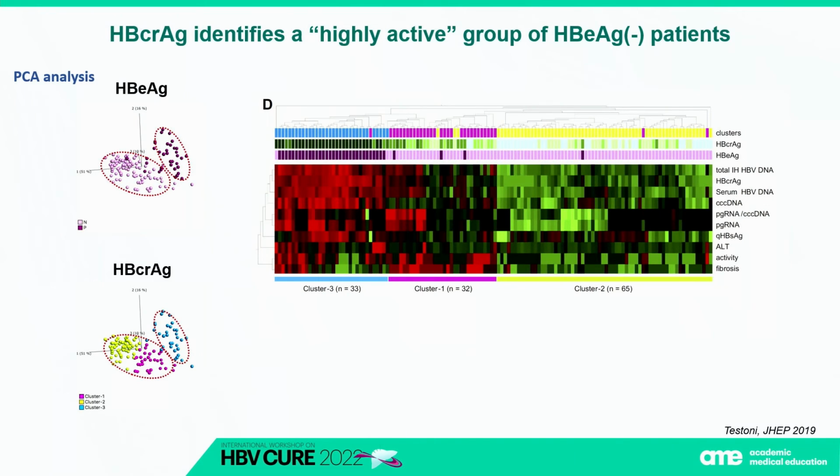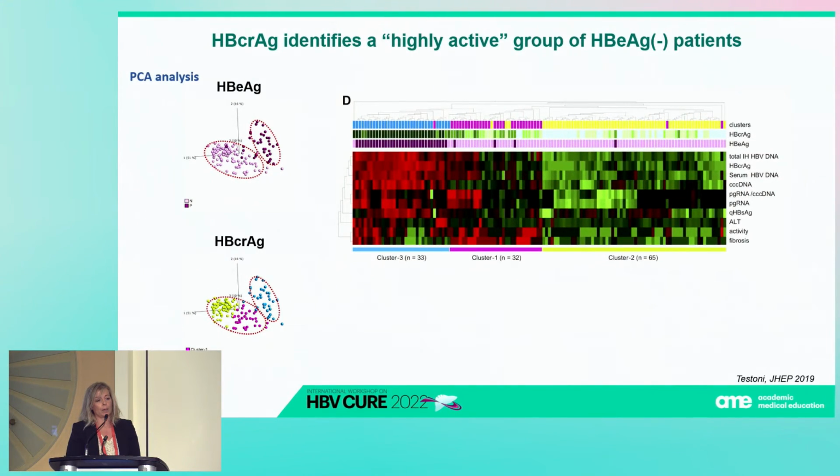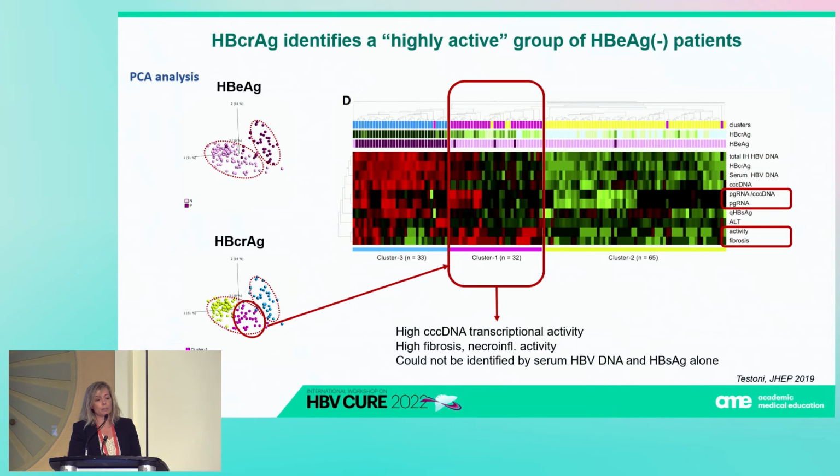But more interestingly, when we looked at the unsupervised principal component analysis, you can see that correlated antigen was able to identify a subset of E antigen negative patients, in pink in the left below panel, that you can visualize in the heat map, and these patients had the highest levels of transcriptional activity among HB antigen negative patients, and also high fibrosis and necroinflammatory activity. And importantly, these patients couldn't be identified looking at serum HBV DNA and HBs antigen alone.